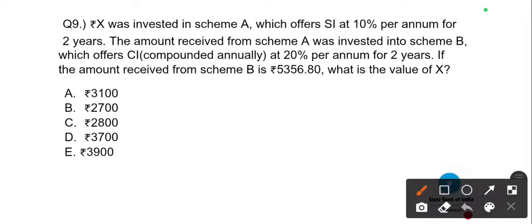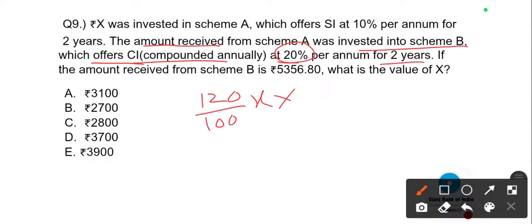Here we see X was invested in scheme A, which offers 10% per annum for 2 years. So 20% per annum. Talking about the amount, the total amount will be 120 divided by 100 of X. X is also invested into scheme B, which offers compound interest at 20% per annum for 2 years.